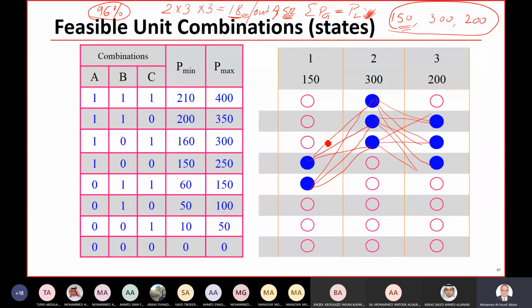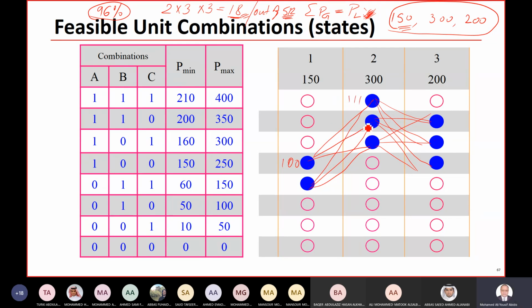But of course, some of these combinations will be unfeasible due to the other constraints, due to the minimum startup time and the minimum shutdown time. Because for this one, what is the combination here? It is 1 1 1. What is the combination here? 1 1 1, right?